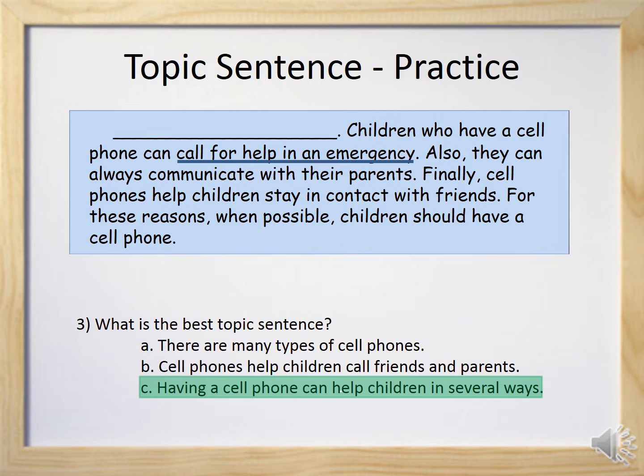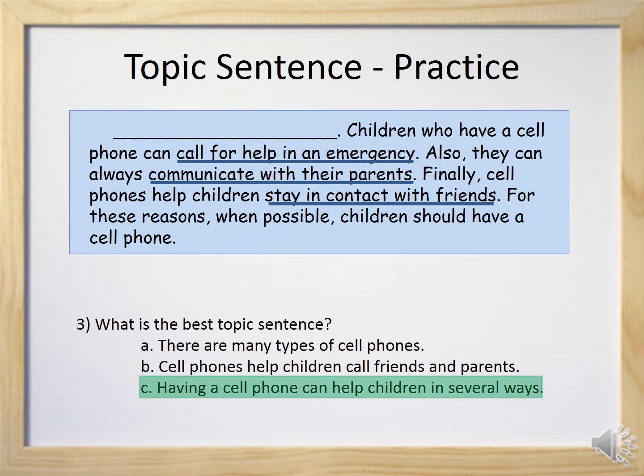Detail sentence 2 tells us cell phones help children communicate with their parents. And detail sentence 3 tells us cell phones help children stay in contact with friends. All of these details explain and support one of the topic sentences, and we know it's C because all of these detail sentences give us reasons that having a cell phone can help children.